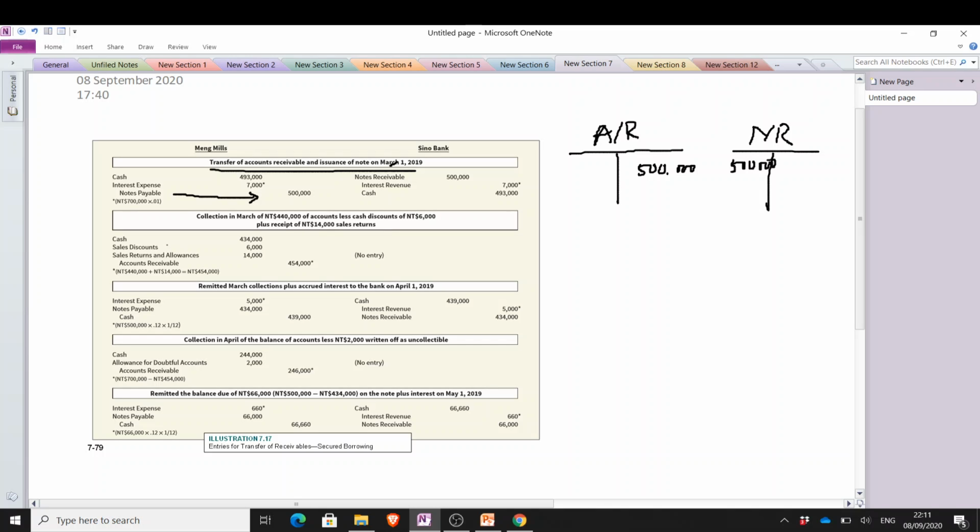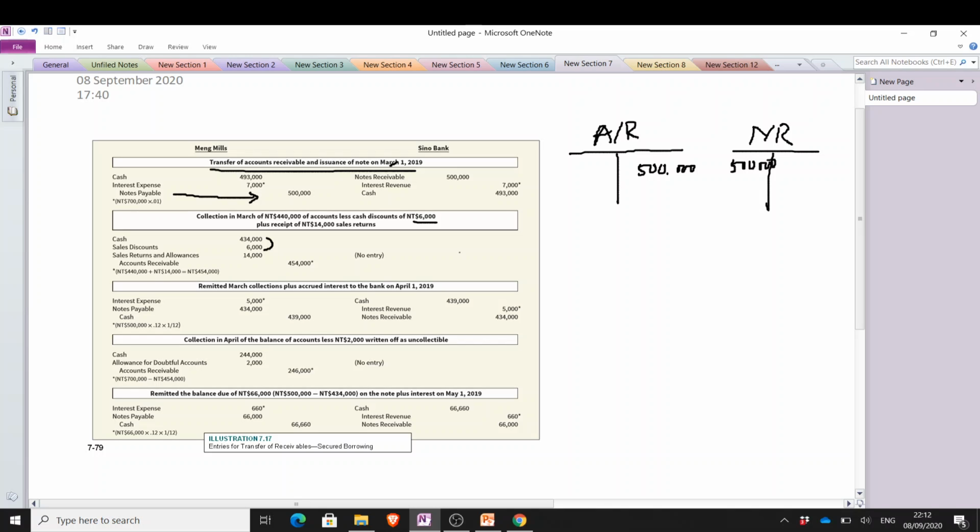So the cash collected is 440,000 minus 6,000 as sales discount, and also some return allowance of 14,000.